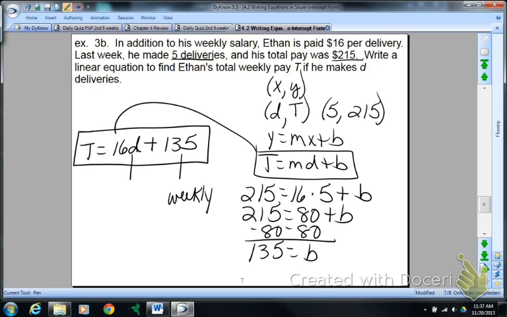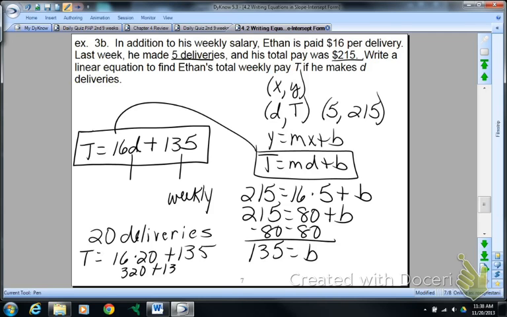And they didn't ask any more questions, but if they did ask how much money would he make, let's add this. How much would he make if he made 20 deliveries in that 1 week? Find his salary if he made 20 deliveries. 16 times 20 plus the 135. 16 times 20 is $320 plus 135.